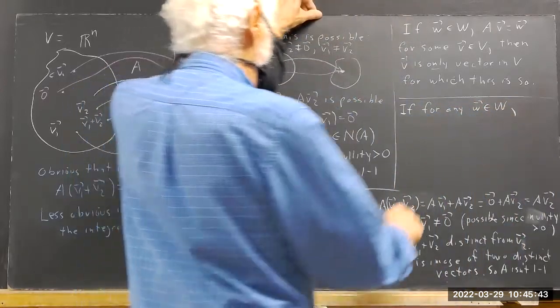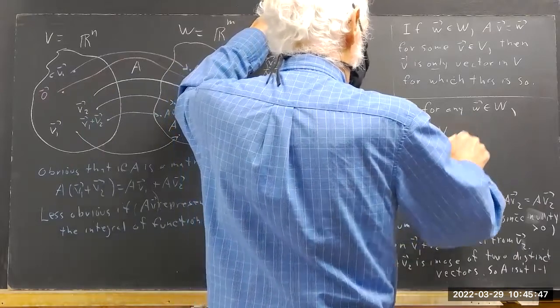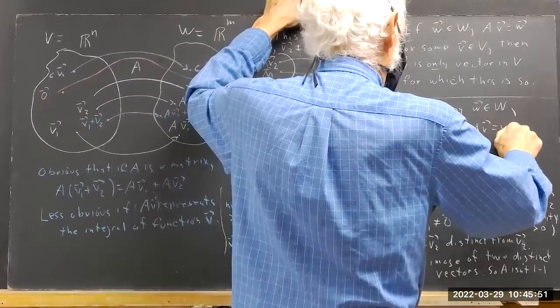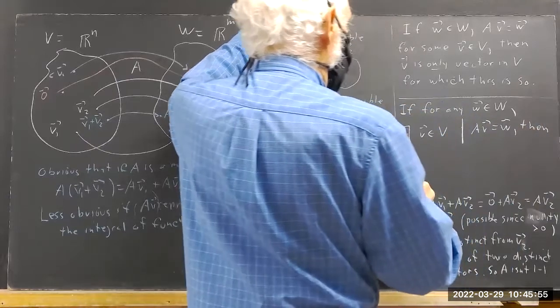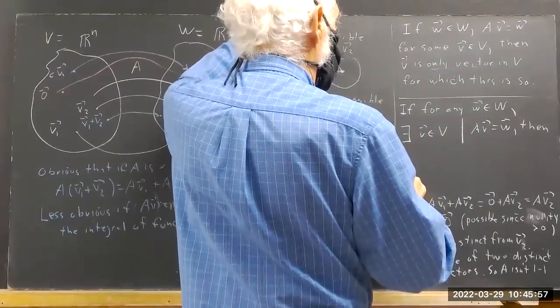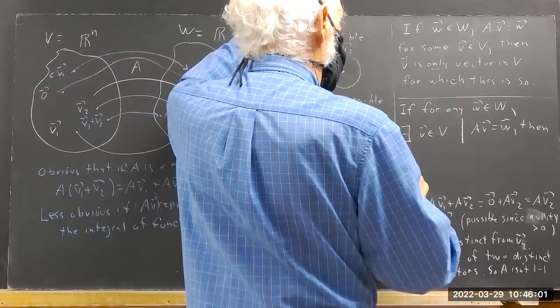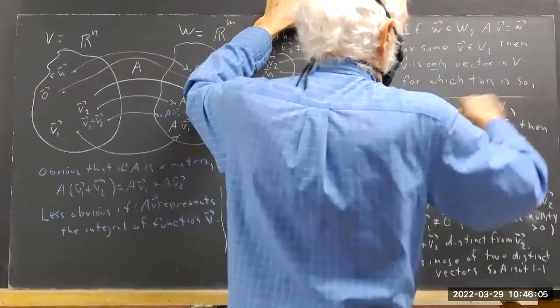If for any W and W, there exists a V and V such that AV equals W. I'm sliding back up.